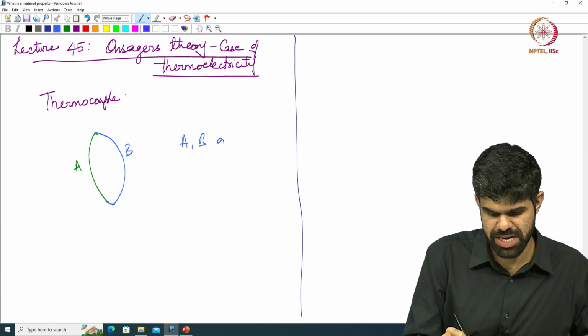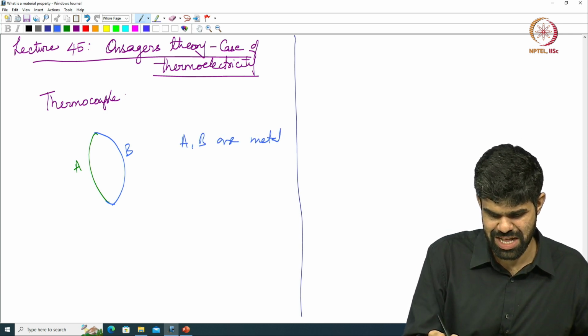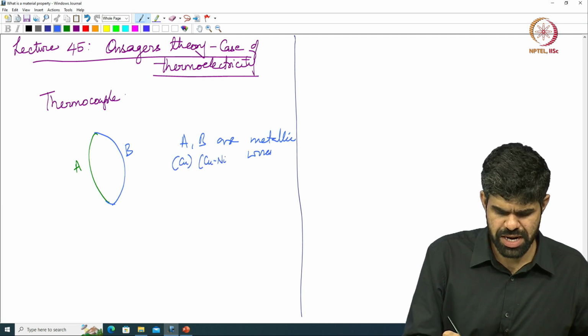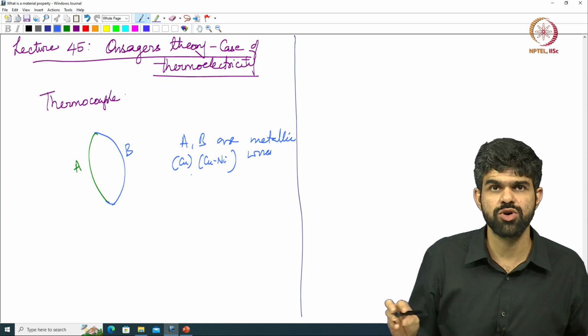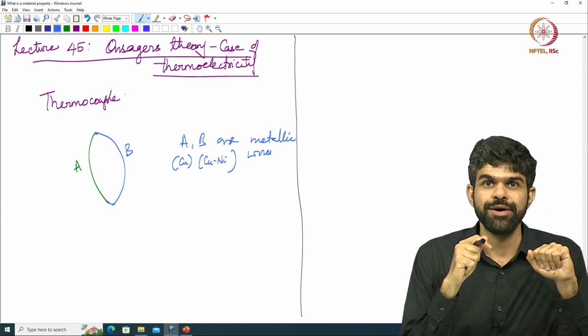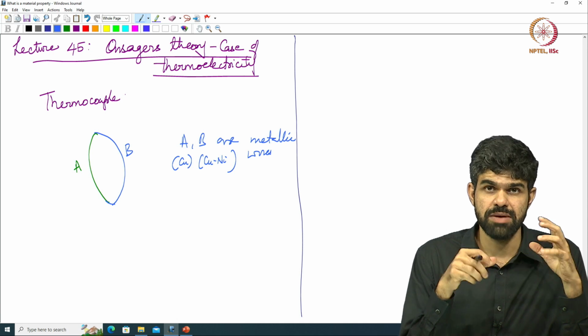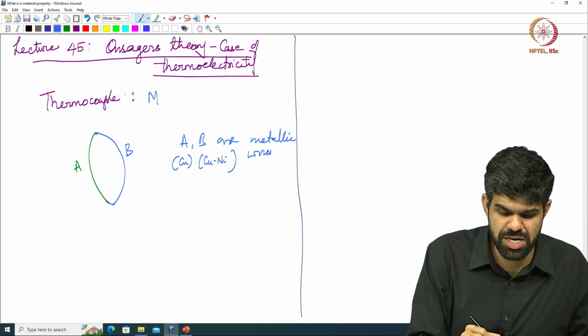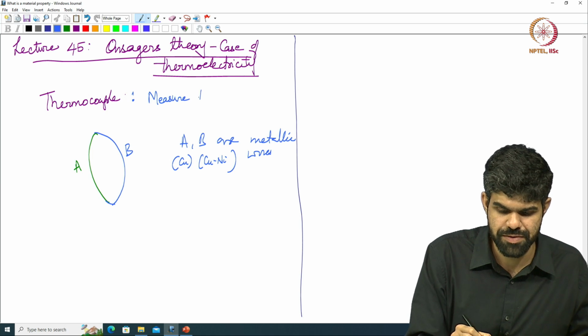A can be copper, B can be an alloy of copper and nickel, and so on. I am going to form what is called a thermocouple, which is used to measure temperature.